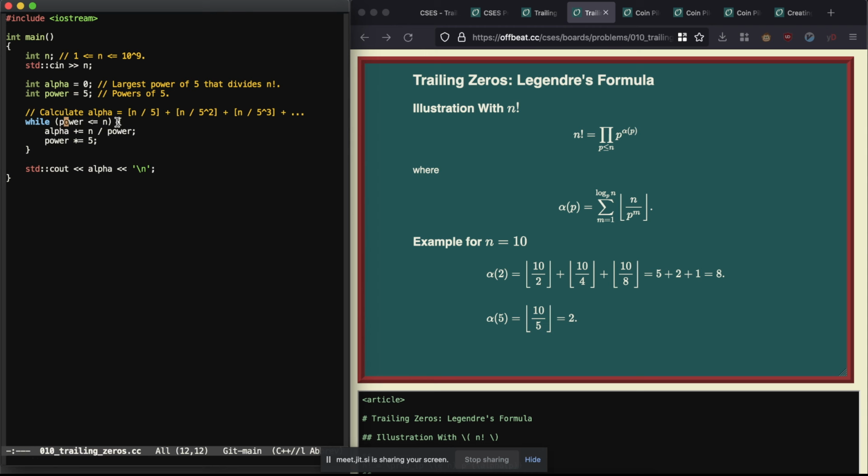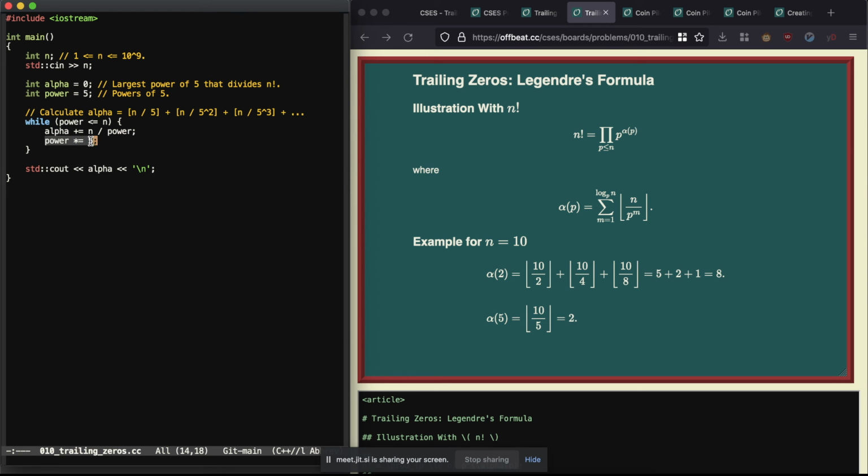While this power is less than or equal to n, I am doing a float division here, n divided by power. It's actually a truncated division, but since we're dealing with positive integers, that is the same thing as float division. And I'm collecting it in this alpha. This is my accumulator for that sum. So the floor of all these divisions is being collected here, and then I'm increasing the power of 5 by multiplying it with 5.